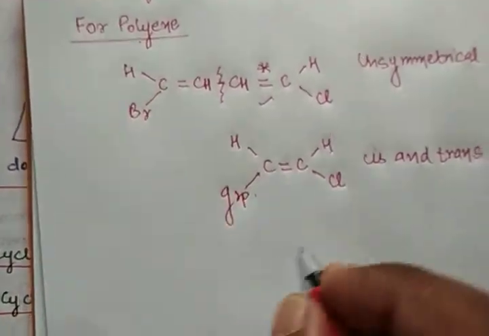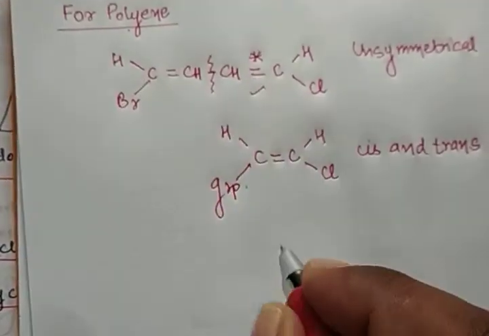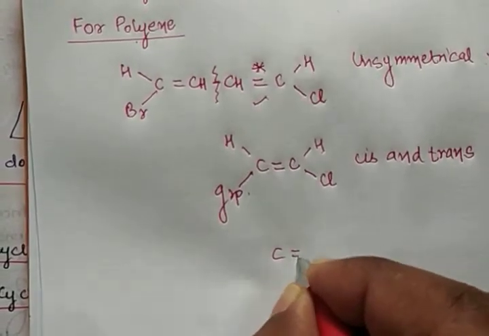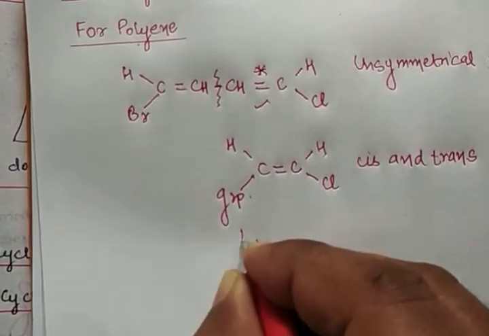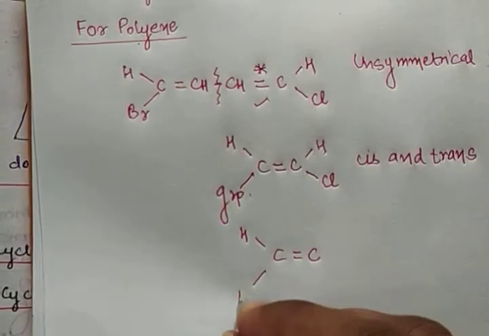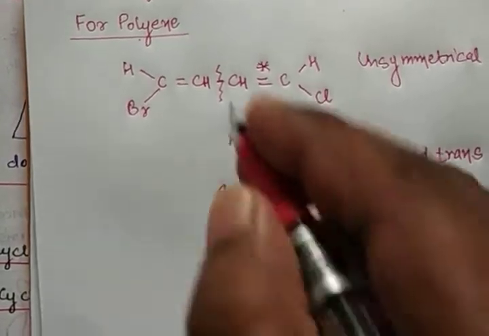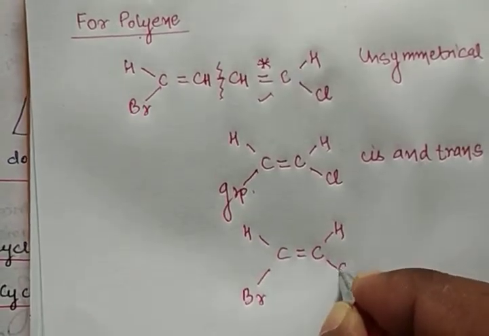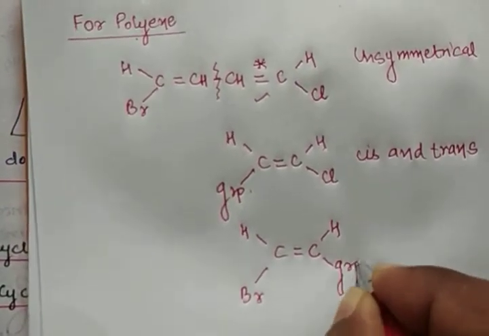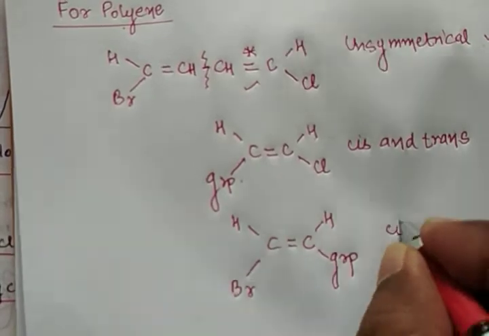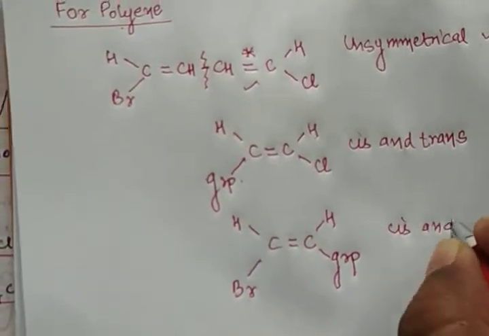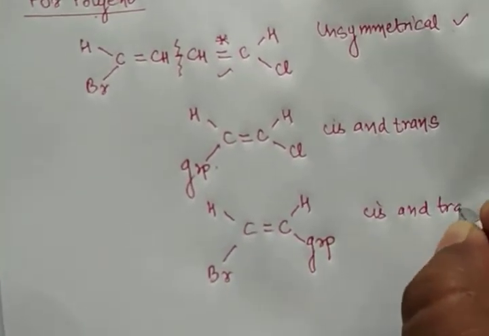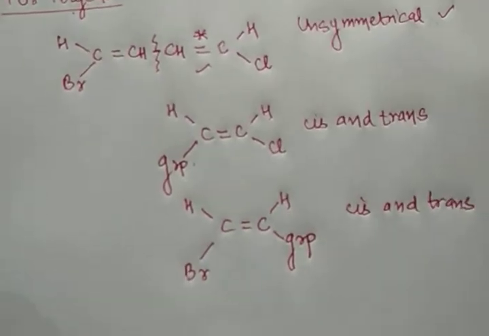Same for this carbon. Suppose you check this carbon double bond. One side is H and the other side is Br, and on the other carbon one side is H and the other side is the whole group. So again cis and trans are possible.